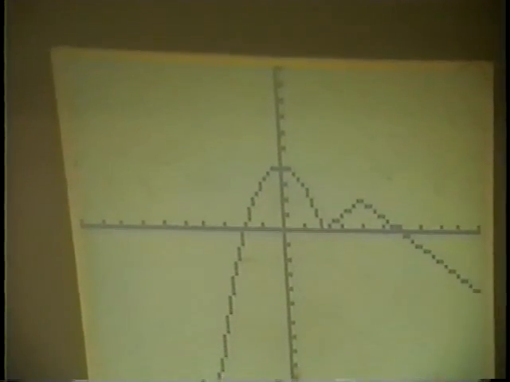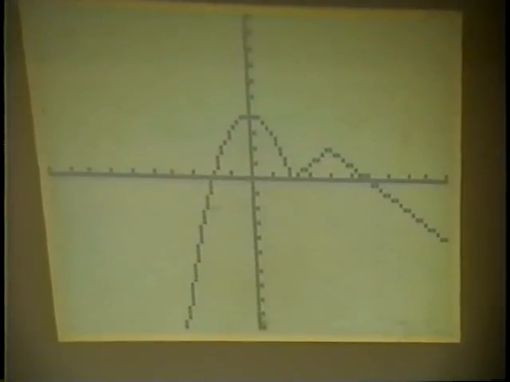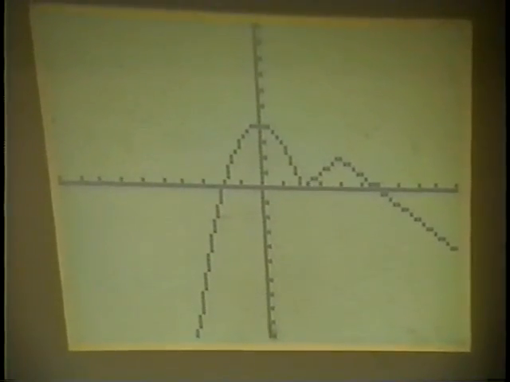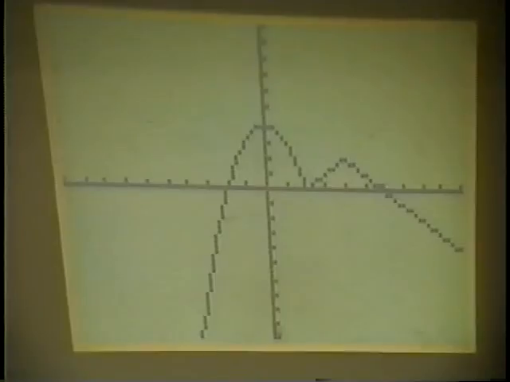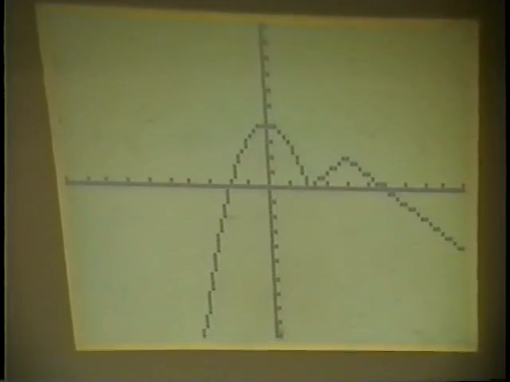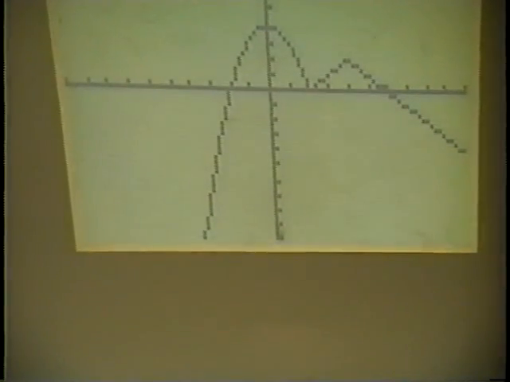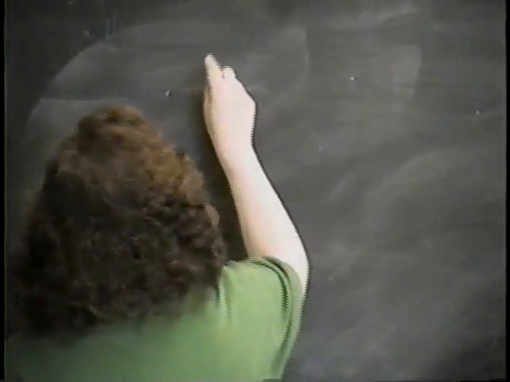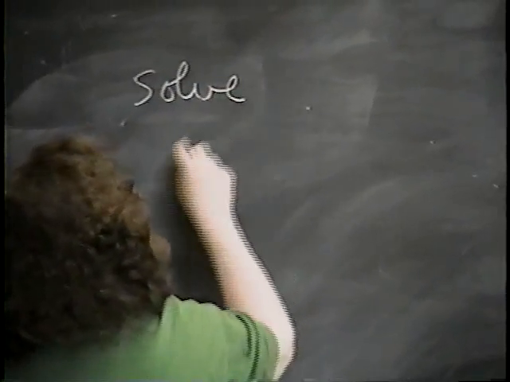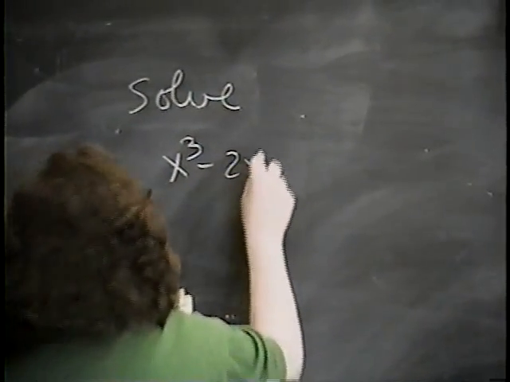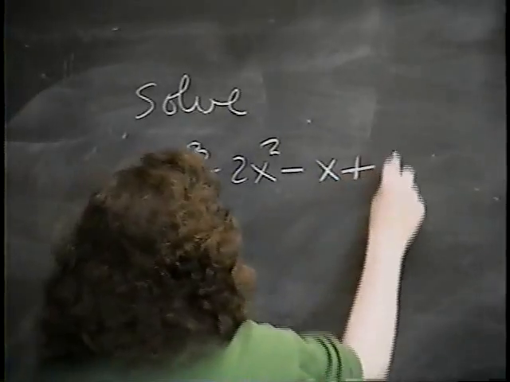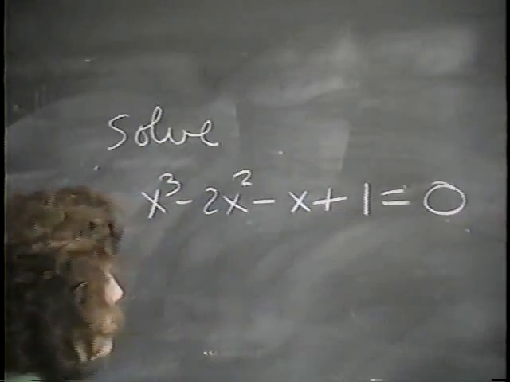Now, the next thing I want to show you that you can do on the calculator is to solve an equation. The equation that I'm going to solve now is x cubed minus 2x squared minus x plus 1 equals 0.